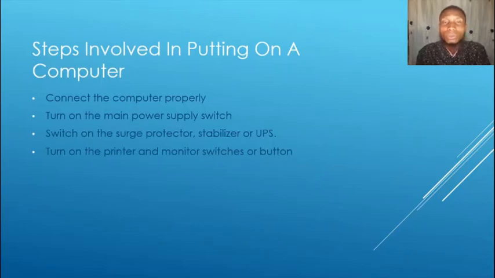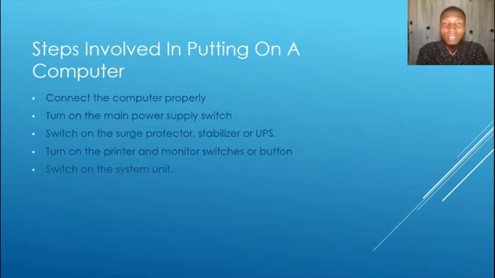So you have a printer connected to the system unit, you have a monitor connected to the system unit. You power them on either by using the switch or the buttons, whichever of them. So you power on the monitor or the printer as the next step. Then the next thing you're going to do is to switch on the system unit.